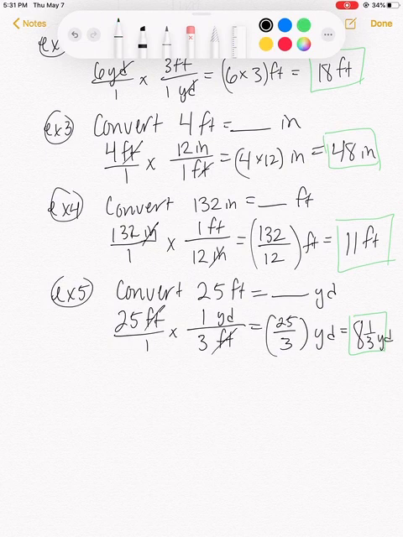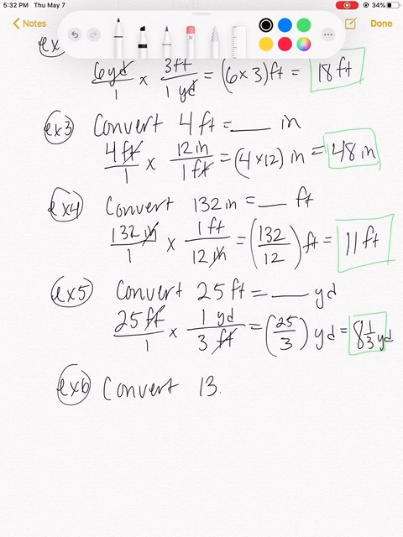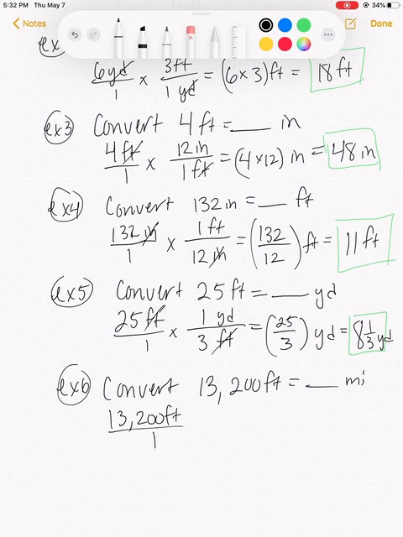Then example number 6, the last one. We're going to convert 13,200 feet into miles. So 13,200 feet over 1 multiplied by, I need my feet to cancel, so there are 5,280 feet for 1 mile, and that will cancel there.